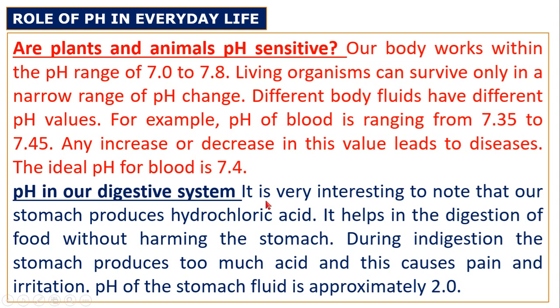Second one, pH in our digestive system. It is very interesting to note that the stomach produces an acid. That acid is called hydrochloric acid. This acid helps in the digestion of food without harming the stomach.